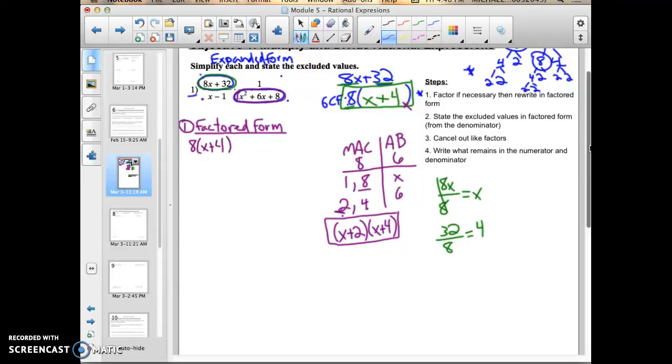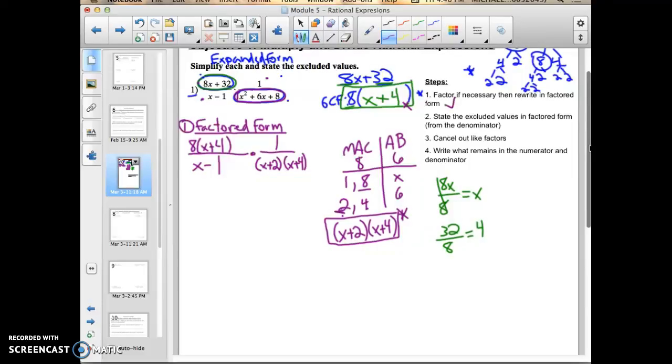My bottom left piece, x minus 1, I did not touch, so I'm just going to bring it down and rewrite it. Now it's multiplication, and then my 1, the top right up here, I didn't touch, so I'm just going to leave it there. And then finally, my x squared plus 6x plus 8 became my two binomials down here. x plus 2 and x plus 4.